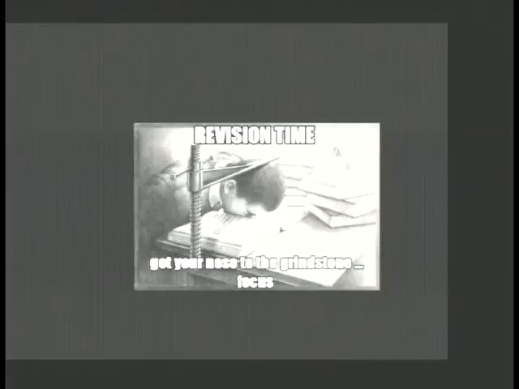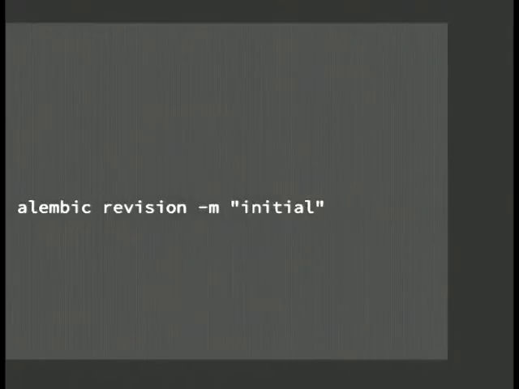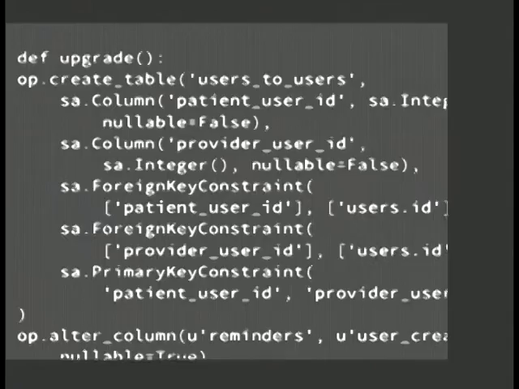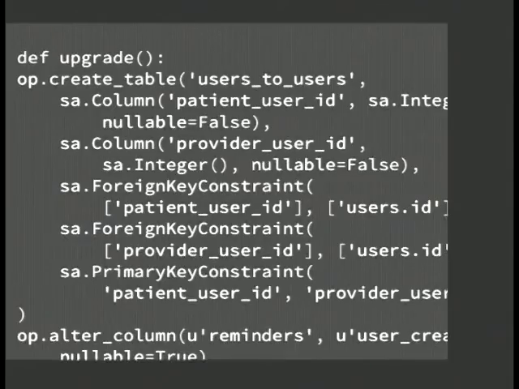All right, so let's look at a revision. To create a simple one by hand, we just say alembic revision -m and give it a message for what we want it to be. In this case, let's look at a migration where we create a through table that joins the user table to itself and connects a patient to a provider.